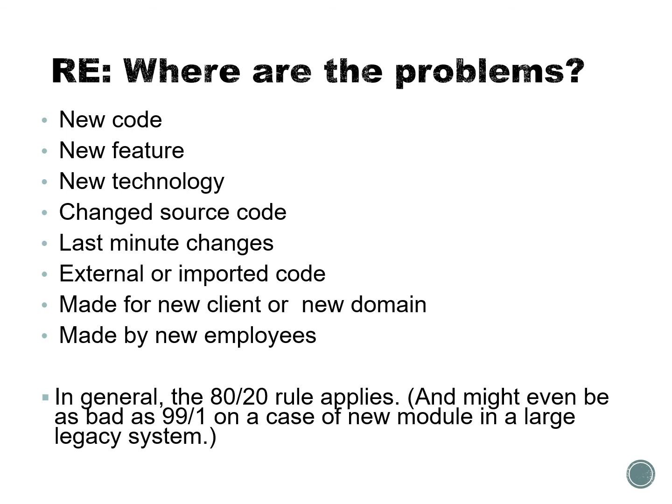And if you are someone who's trying to find where the problems are, this is a list collected from our Intro to Software Engineering course. Of course, this time in English. So, new code, new feature, new technology, changes, last-minute changes, imported code, made for new client or new domain, or made by new employee.